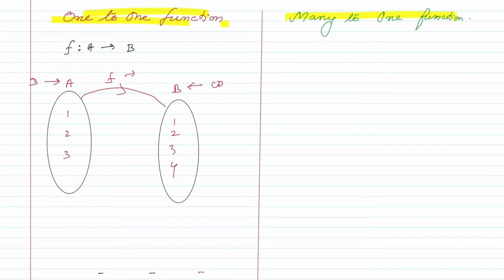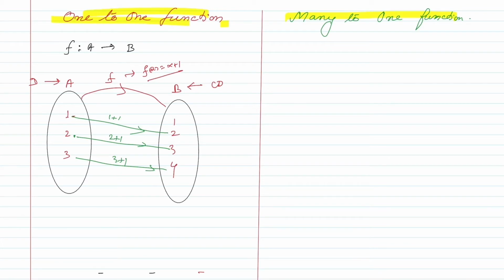It is such a function, suppose f of x is equal to x plus 1. Then this 1 in the domain must be associated with 2 of its codomain, because 1 plus 1 is equal to 2, then this 2 must be associated with 3 because 2 plus 1 is equal to 3.